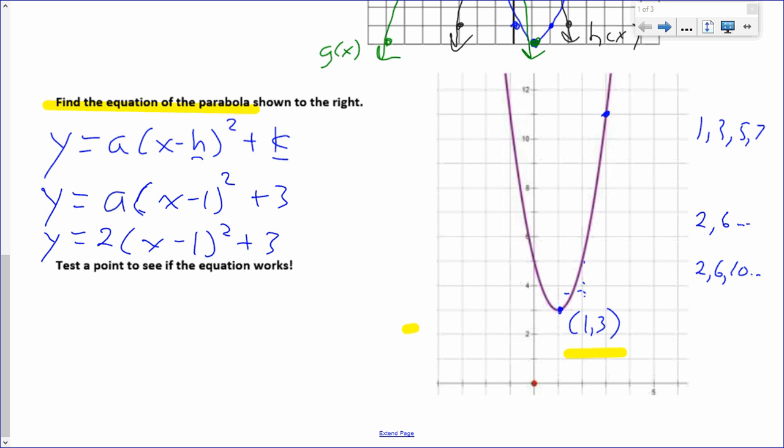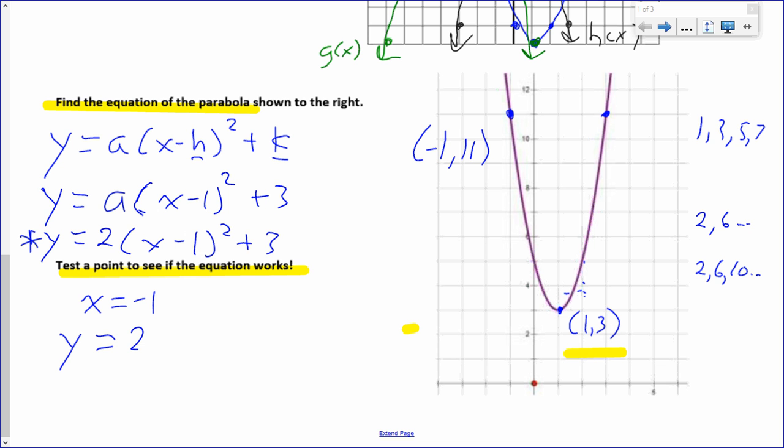And that must be the equation of that graph. The other thing I've said to do is to test a point to see if the equation works. If I assume that, for example, this is a point right here, at the point (-1, 11), what I can do is sub in x equals -1 into my answer here, and see if I do in fact get 11 for my y value.